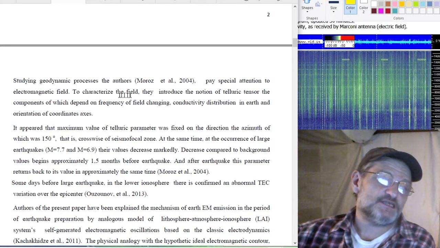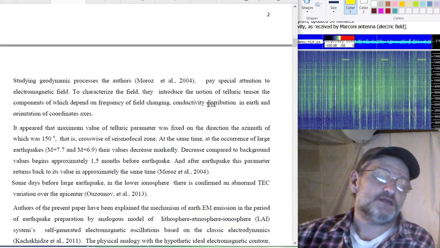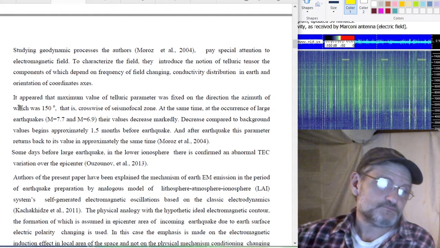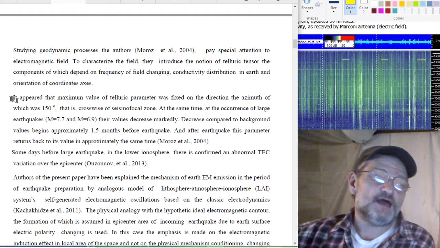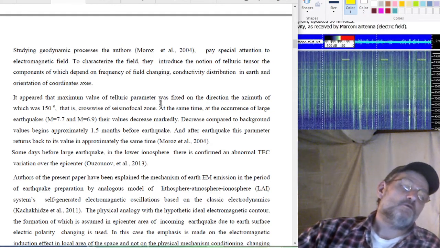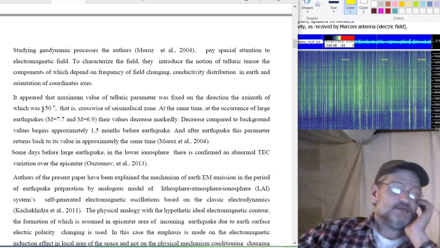To characterize the field, they introduced the notion of telluric tensor, the components of which depend on frequency of field changing, conductivity distribution in Earth, and orientation of coordinate axes. It appeared that maximum value of telluric parameter was fixed on the direction of the azimuth of which was 150 degrees.